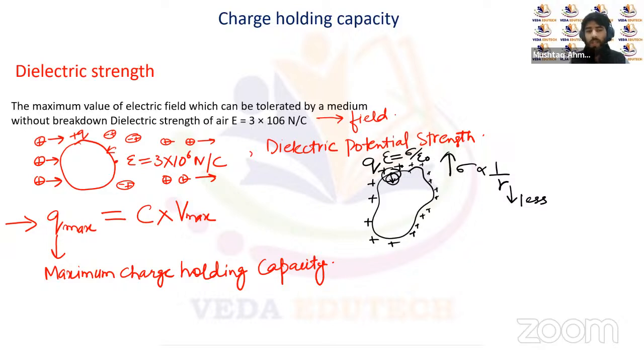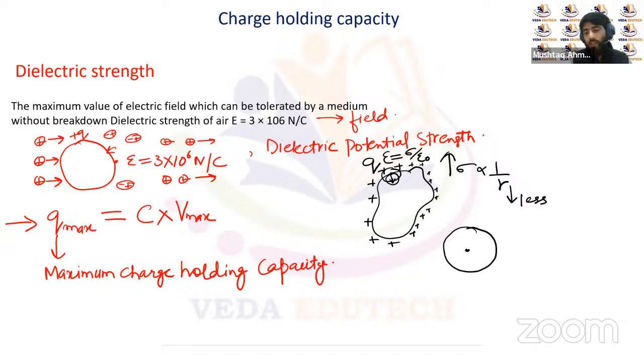So the electric field strength depends upon the radius of curvature at some point on the surface of a conductor. That's the reason at points where the radius of curvature is less, there's a possibility of greater electric field, or we can say the dielectric breakdown may take place. So it depends upon the shape of the conductor and the radius of curvature.